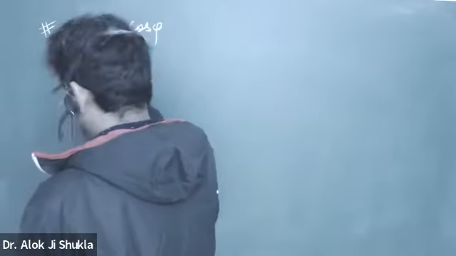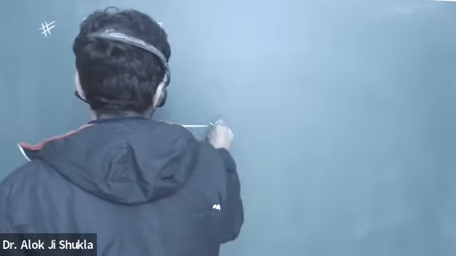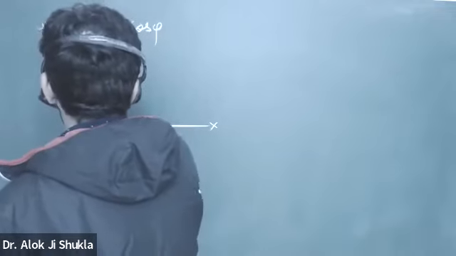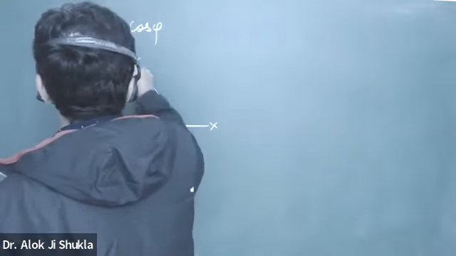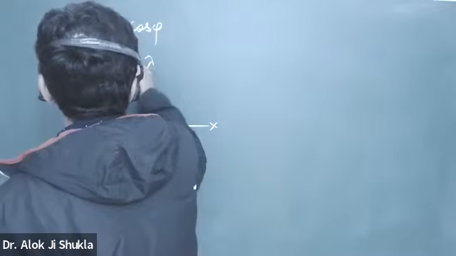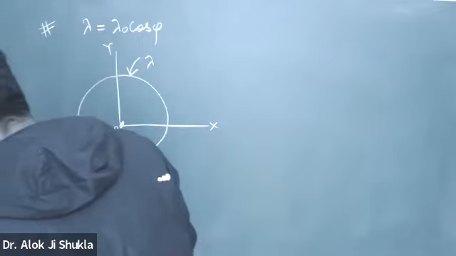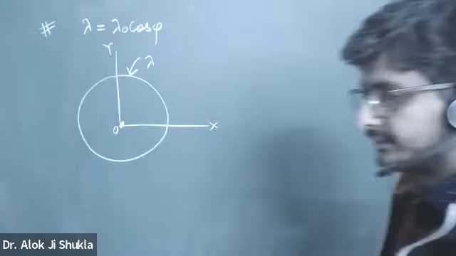So it is like this. This is x-axis, this is y-axis, and this is the ring. And first time you are finding a charge density lambda like this.